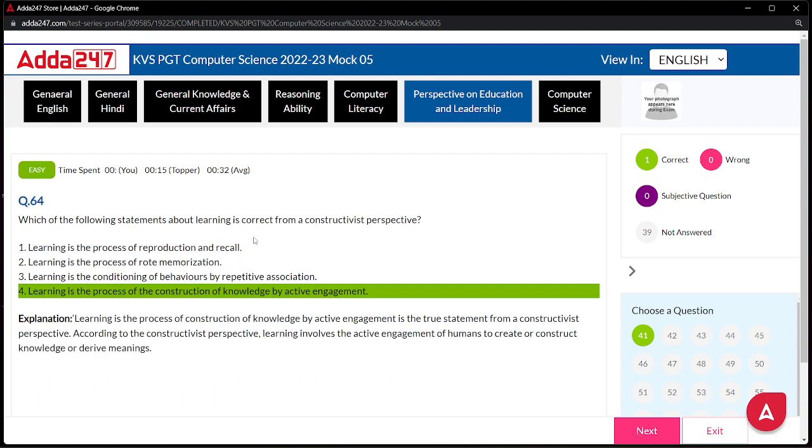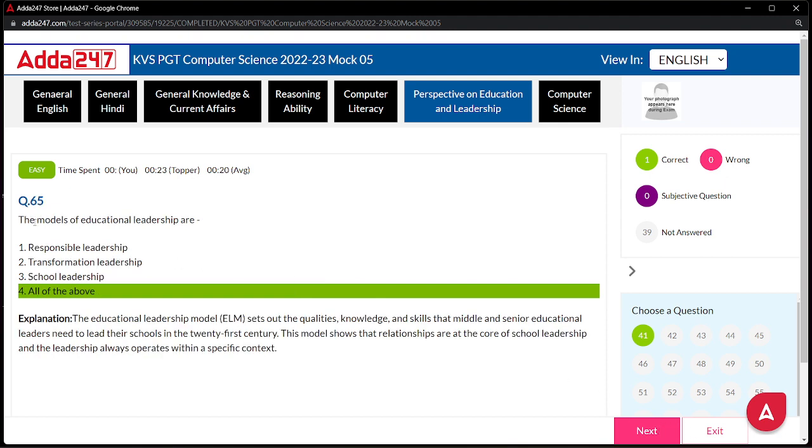Which of the following statements about learning is correct from a constructivist perspective? The correct one is learning is a process of constructing knowledge by active engagement. Next, the models of educational leadership are relationship leadership, transformational leadership, and school leadership.